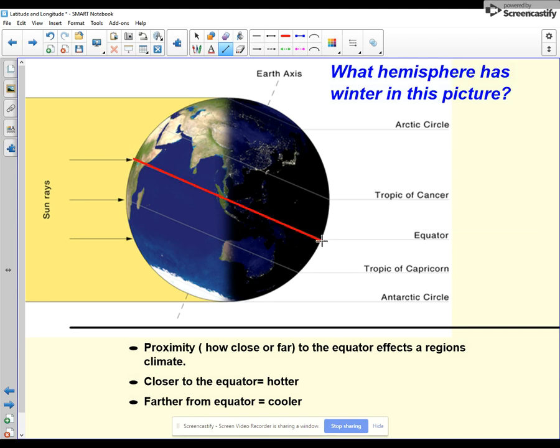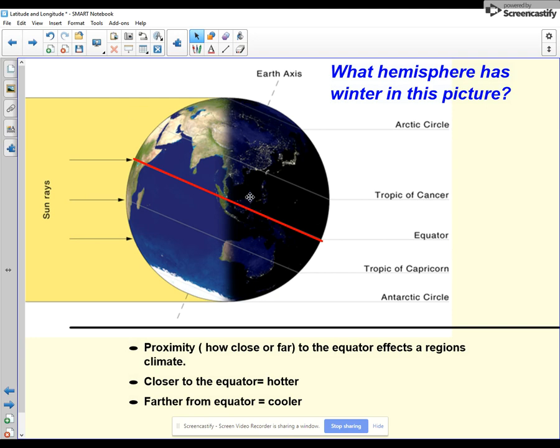So no matter what, our Earth is tilted, but we still get direct hits to the equator. Same with our tropics. So here's the Tropic of Cancer, and at the bottom, Tropic of Capricorn. If you look down here at the bottom, it is not getting as much sun as you would if you were closer to the equator. And same with up here, it's not getting as much sun.